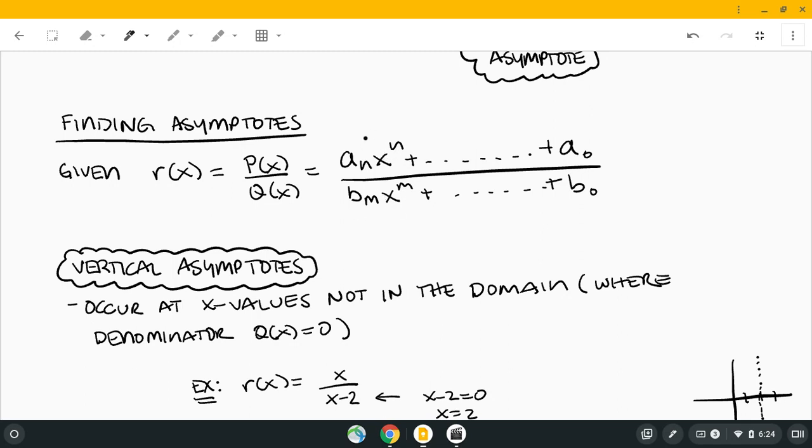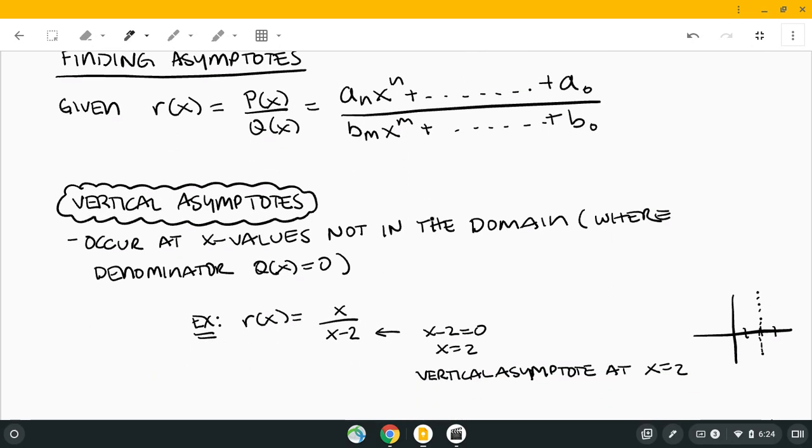These are the leading terms of the two polynomials.